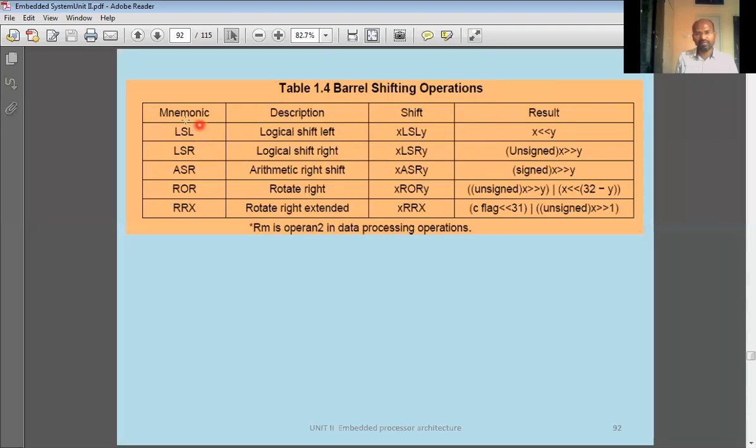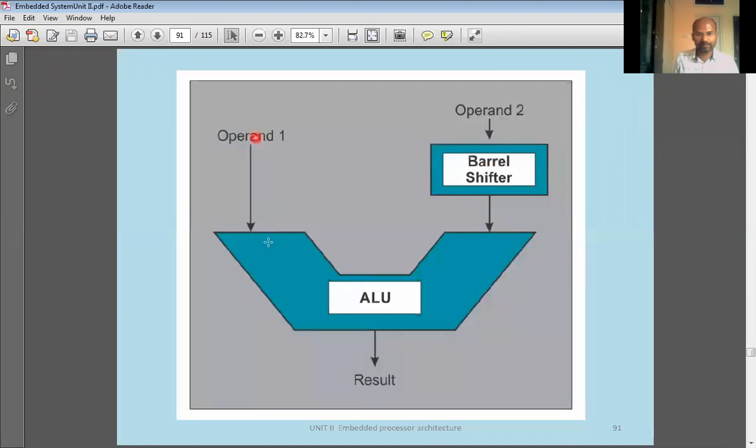You can apply these operations only to the second operand. The first operand is very direct: it comes from one of the registers in the register bank directly to the ALU. Whereas the second operand can be shifted and the result will be passed to the ALU as the second operand.